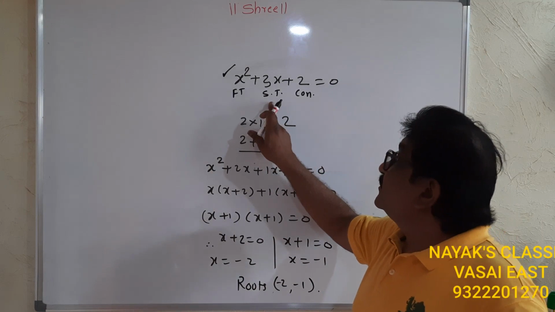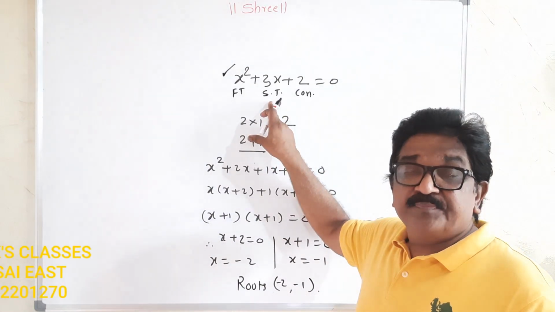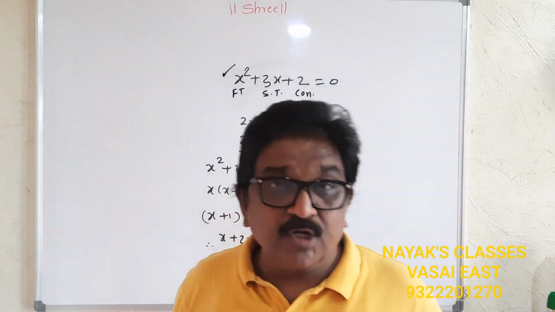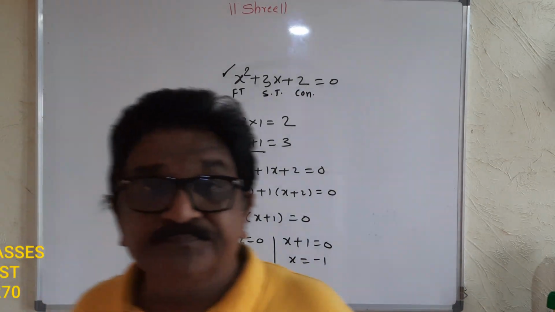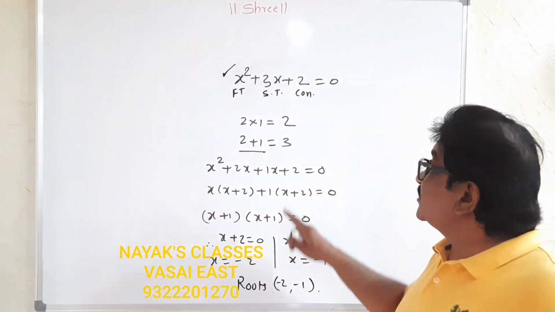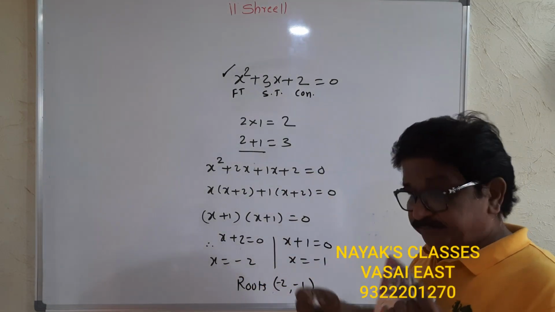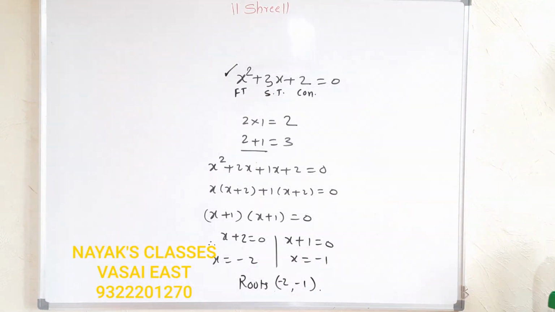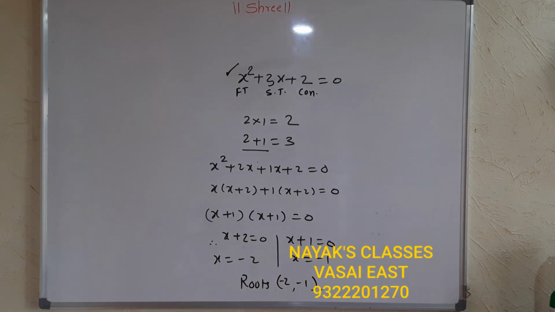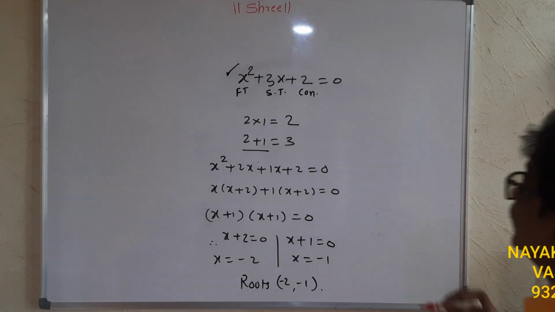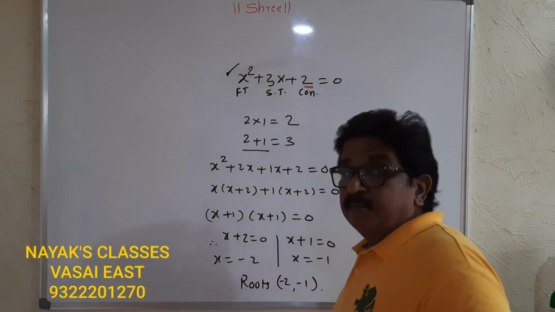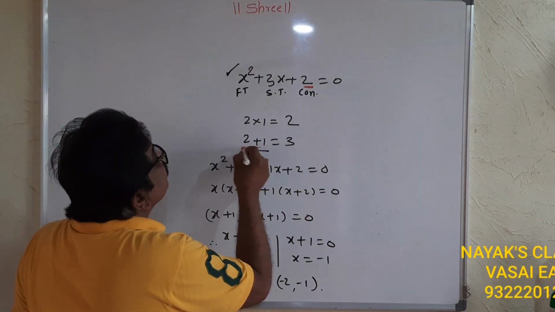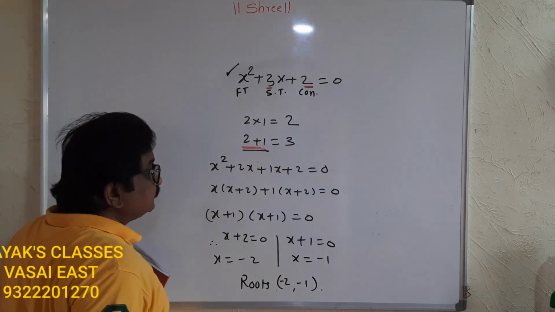You have to split the middle term in such a way that the product of those numbers must be the last term, and the sum of those numbers must be the coefficient of the middle term.